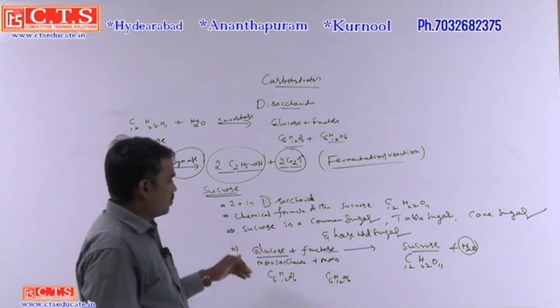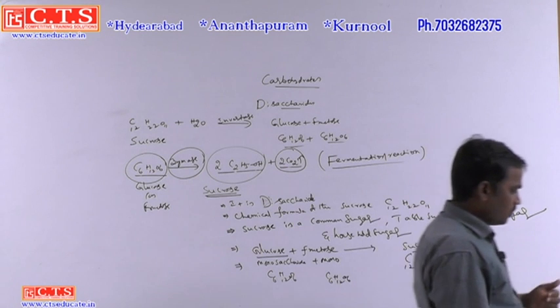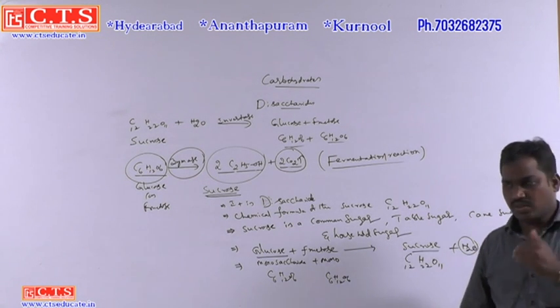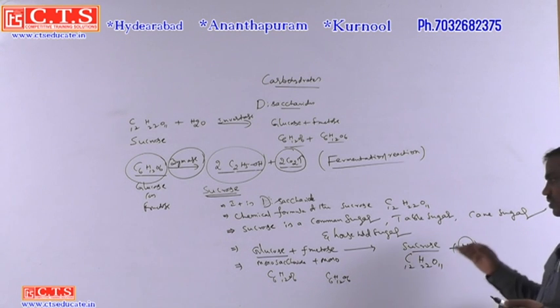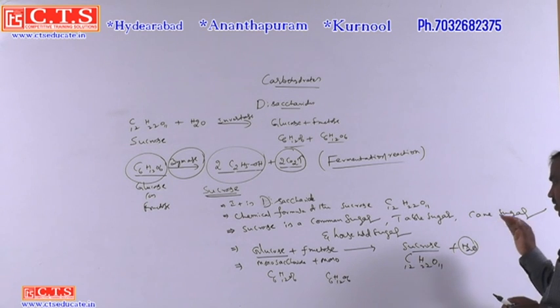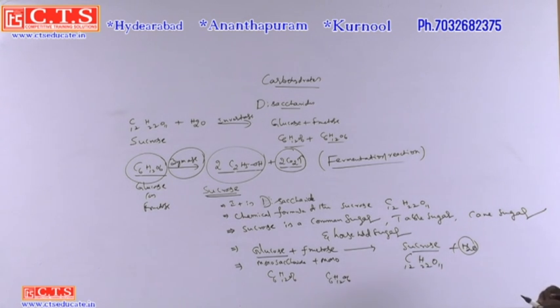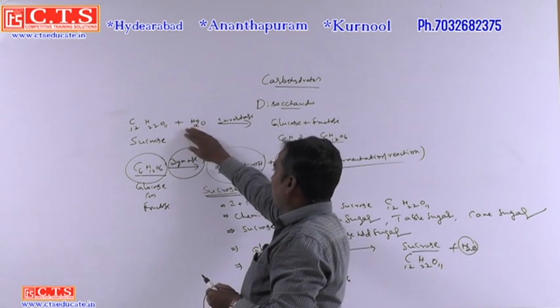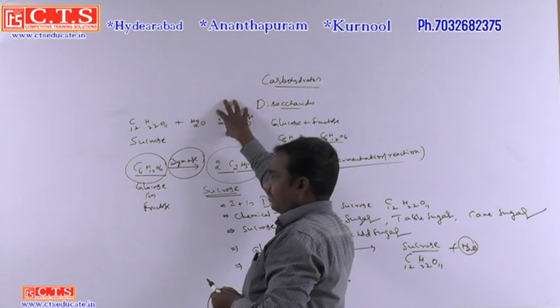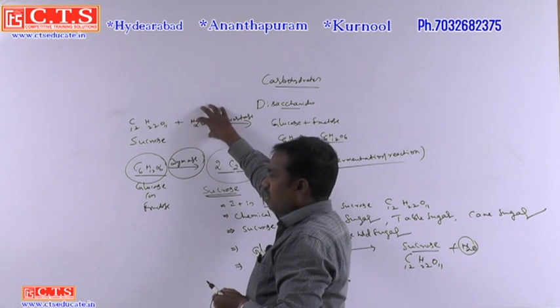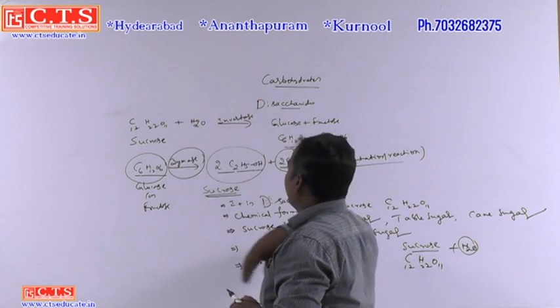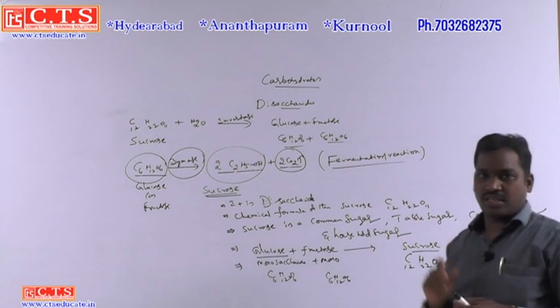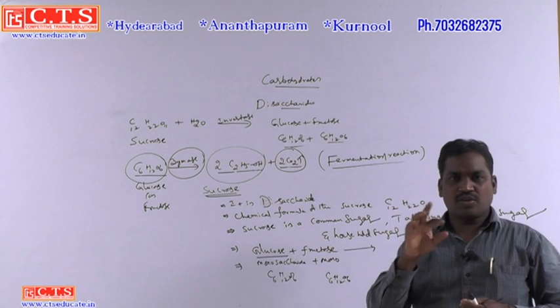Next, glucose plus fructose, both monosaccharides, are present in sucrose with elimination of a water molecule. When sucrose is dissolved in water in the presence of invertase enzyme, glucose and fructose are obtained.